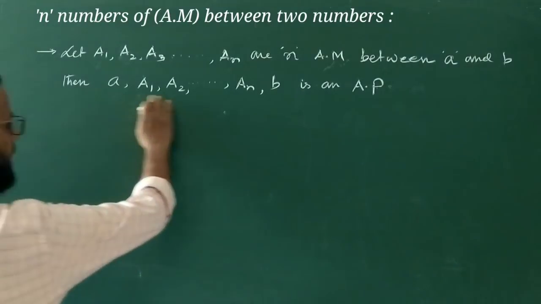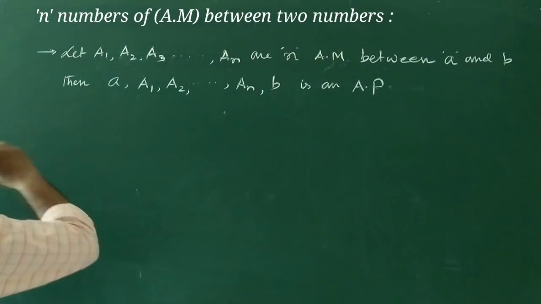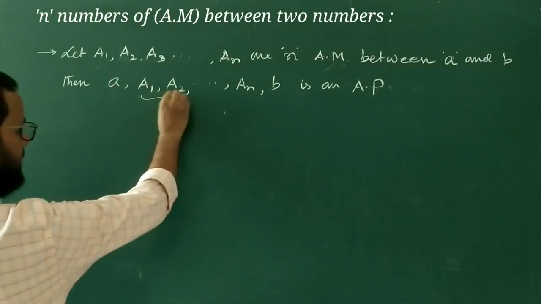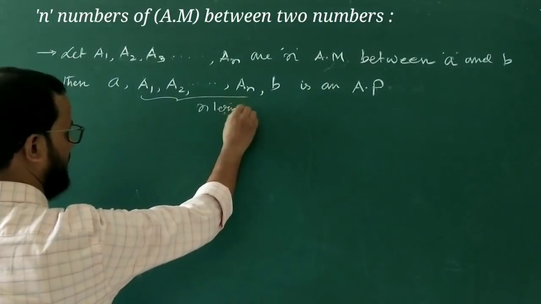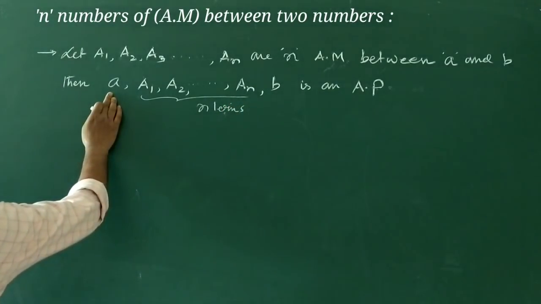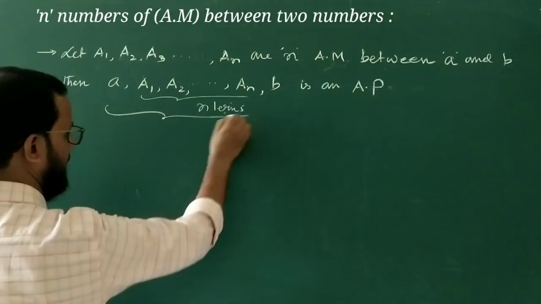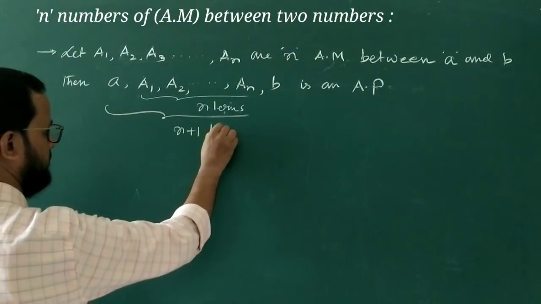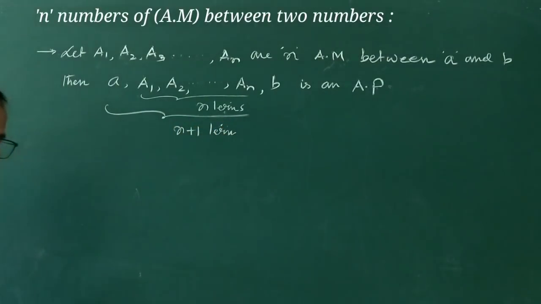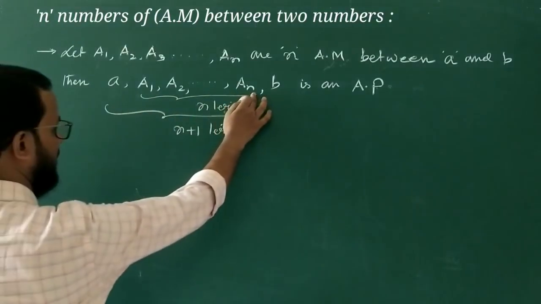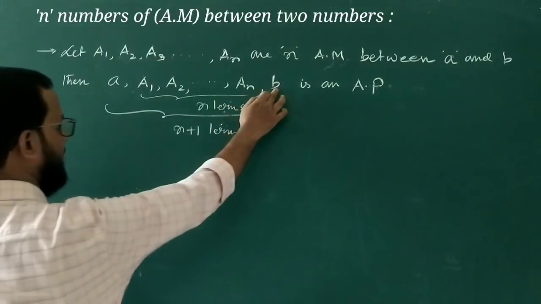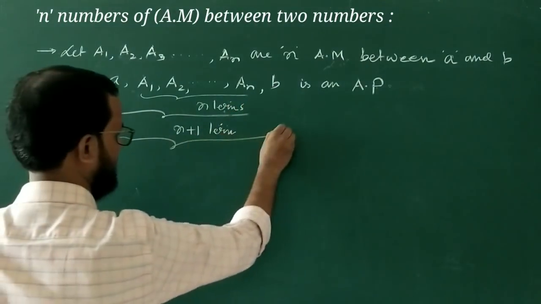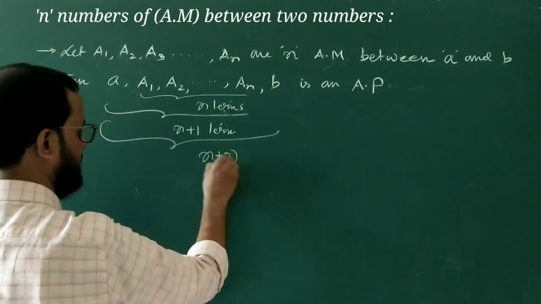When this forms an AP, what will happen? This is the first term. Here how many terms are there? n terms. If I add A, how many terms? n plus 1 terms. If I add B, then there are n plus 2 terms.